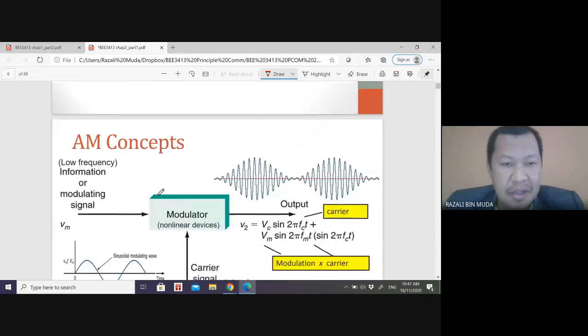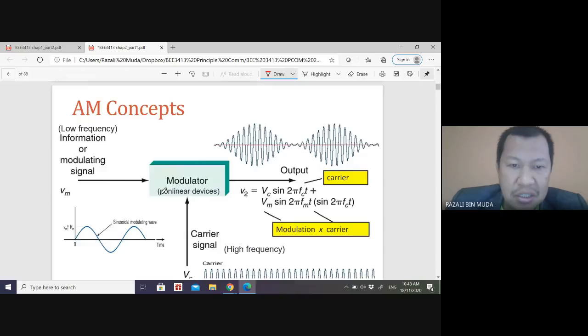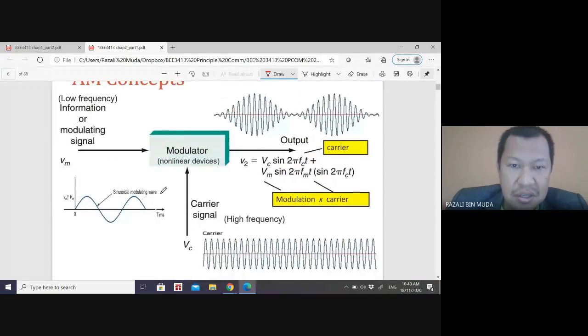Okay, AM concept. Okay, so AM ni kita ada low frequency and high frequency, kan? So in this case, kita ada modulator. This modulator is a device whose function is to modulate the signal, the process of modulation.